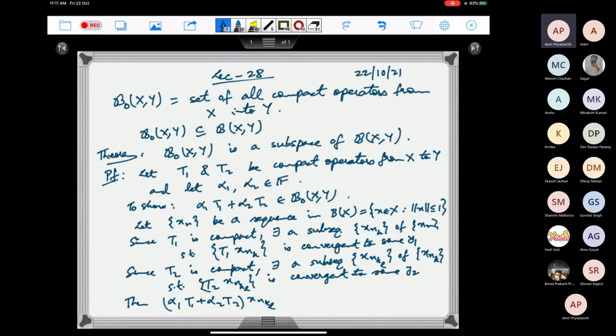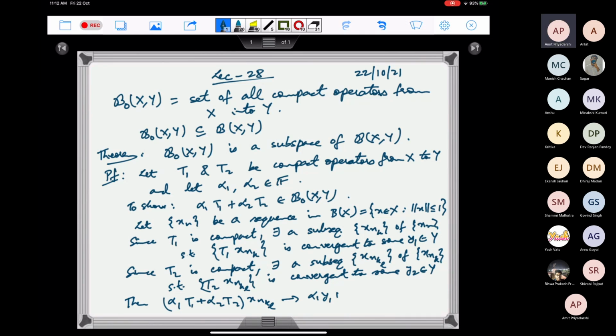These are in Y. Then this will converge to alpha 1 y1 plus alpha 2 y2.